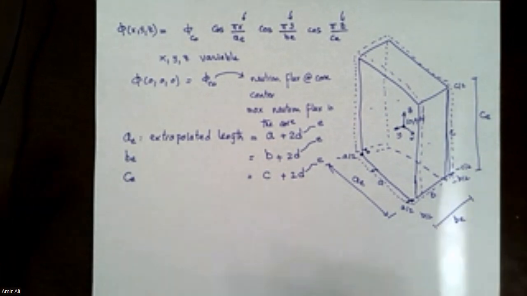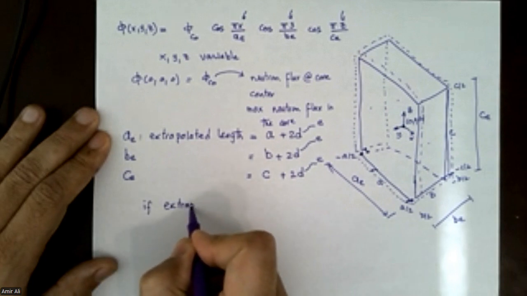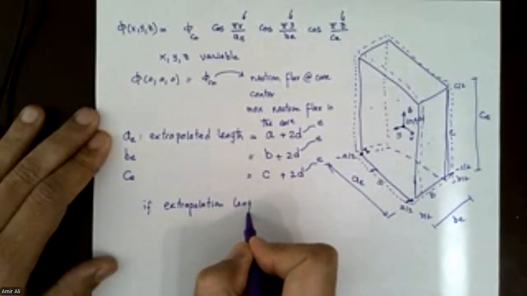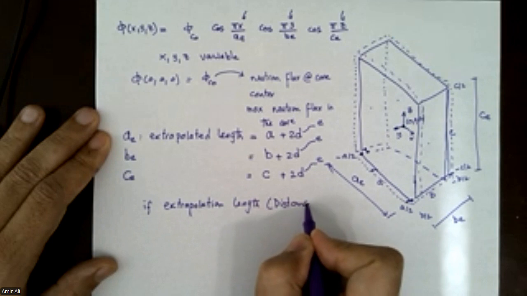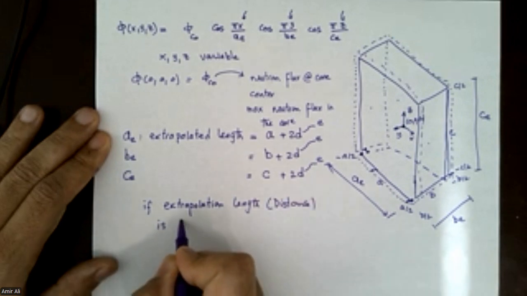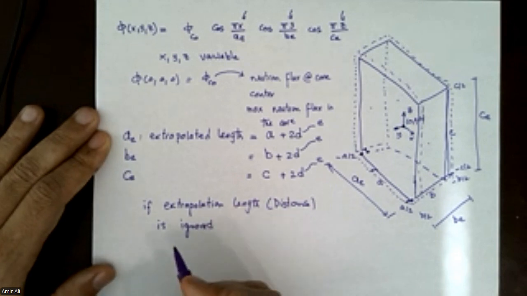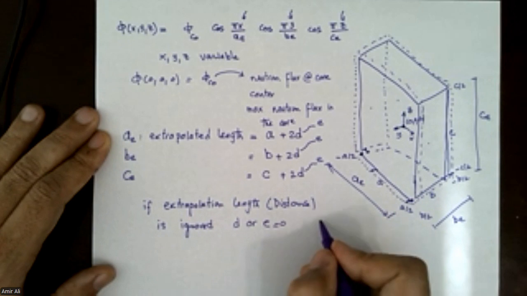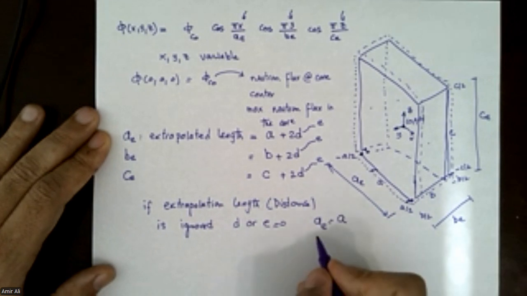If the extrapolation length or distance is ignored, if stated in the problem, it's telling me that D or E will equal 0, which means that the extrapolated length will equal the physical length of the reactor.